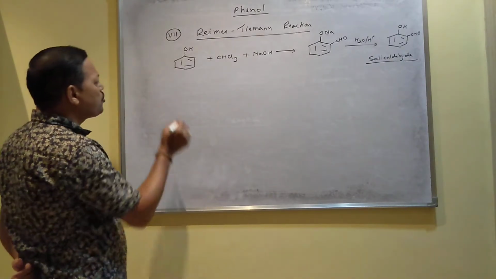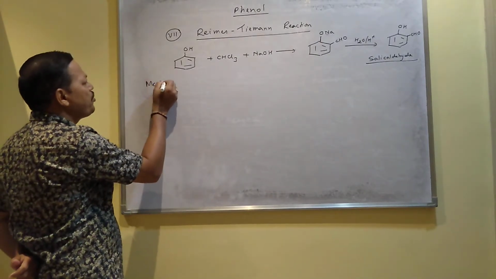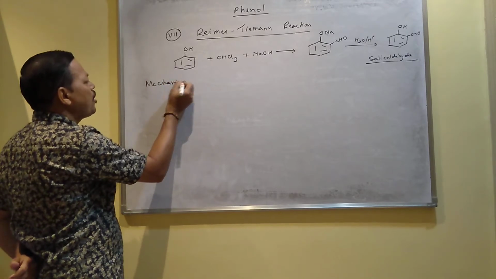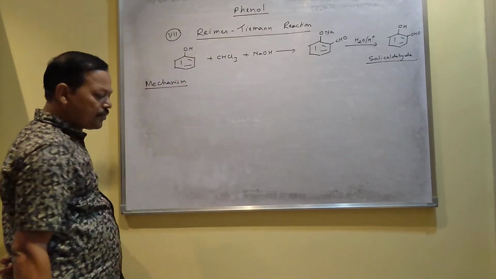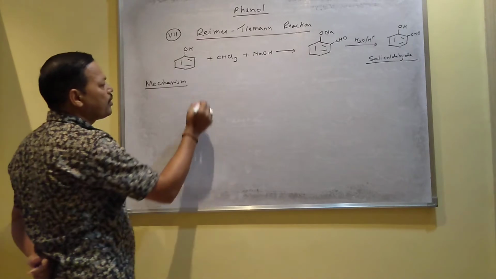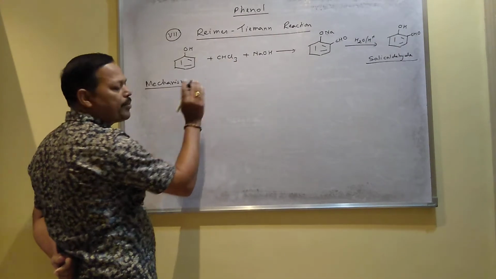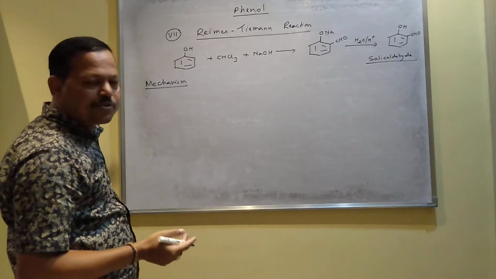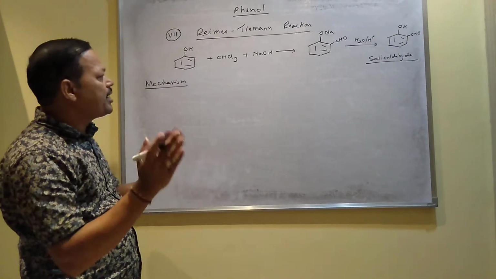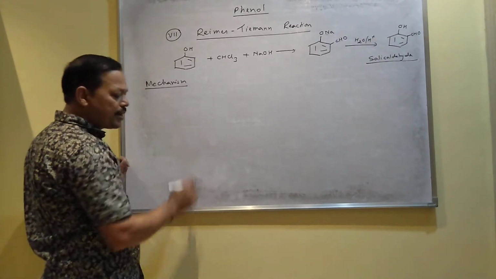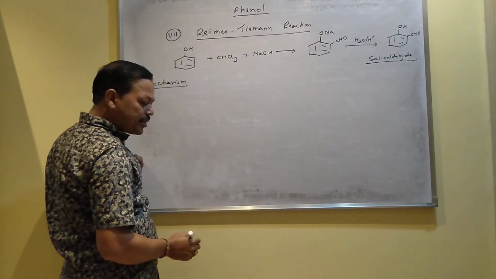And if you want to know the mechanism of this reaction, how the reaction takes place, this is one of the electrophilic substitution reactions. So the mechanism will be an electrophilic substitution mechanism, but the mechanism is something different. So that is why I will explain it.